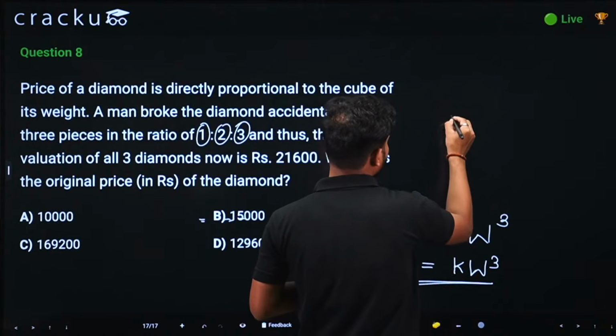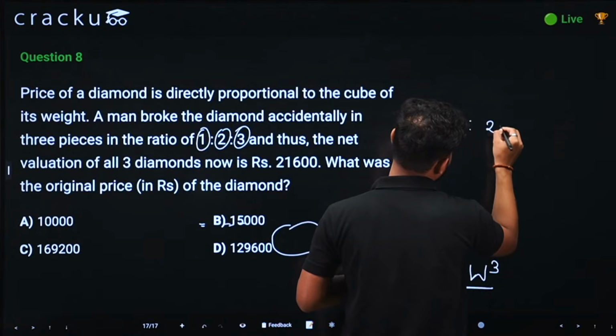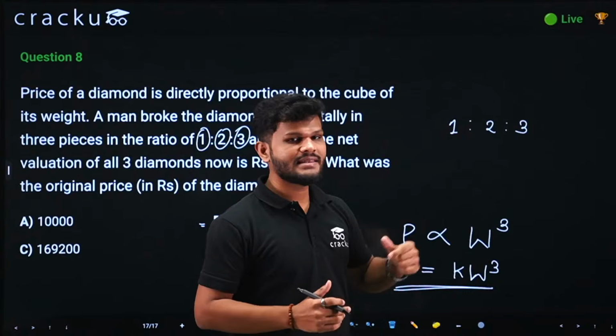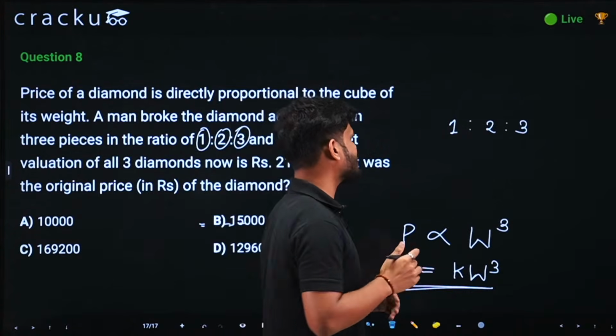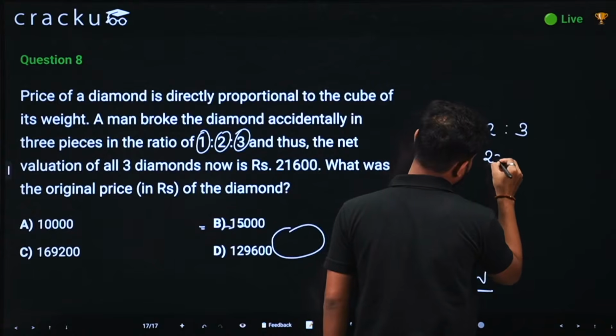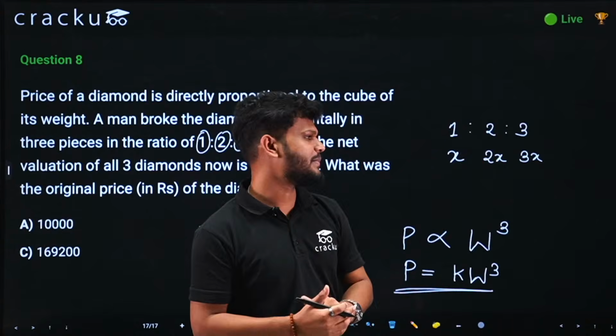The weights are in ratio 1 is to 2 is to 3. Now whenever these are in the ratio, you can assume the absolute values as, let us say, x, 2x and 3x. These are the weights of these 3 pieces.